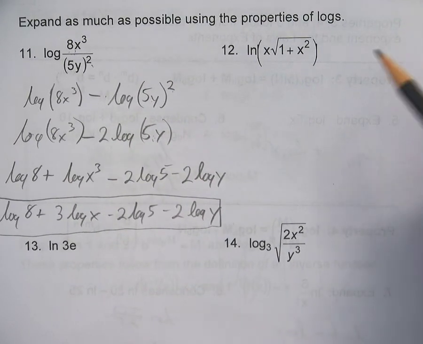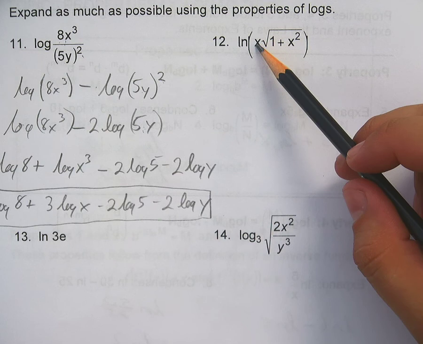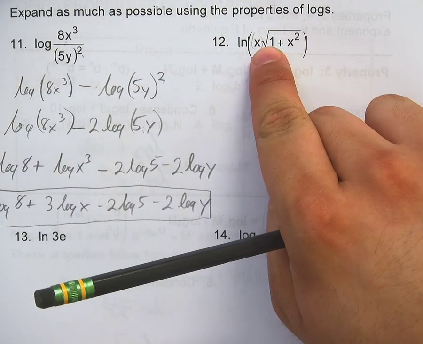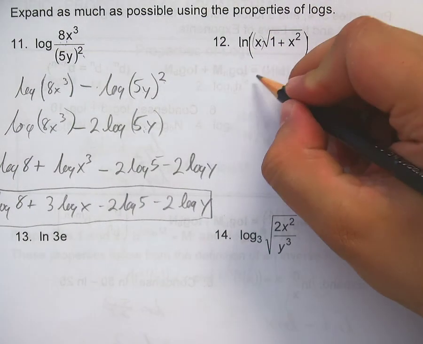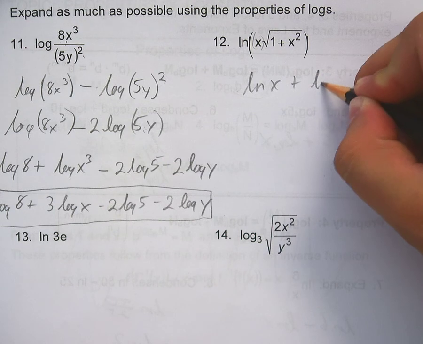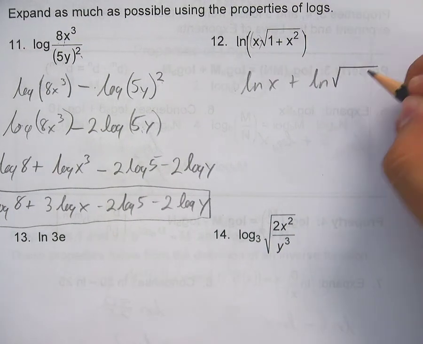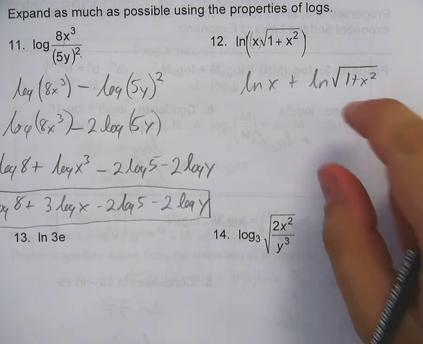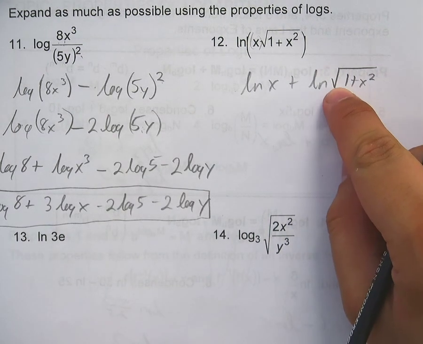All right, number 12 here, we have the natural log of x times the square root of 1 plus x squared. Now the fact that this is multiplication right here tells me I'm going to split them up and add them. So I'll have the natural log of x plus the natural log of the square root of 1 plus x squared. But the square root of 1 plus x squared, that square root is a power, isn't it?